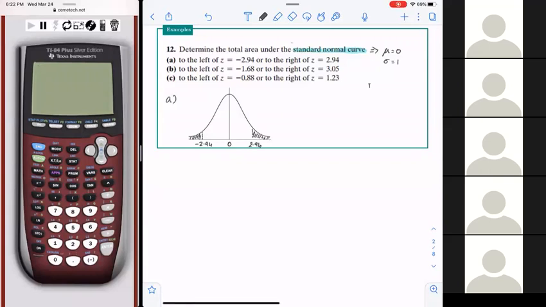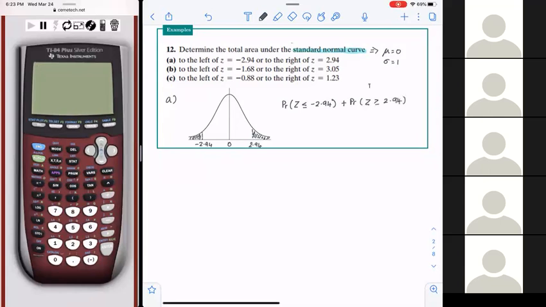And we want to find the area. So in terms of notation, this is probability uppercase Z less than or equal to negative 2.94 plus the probability Z greater than or equal to 2.94.